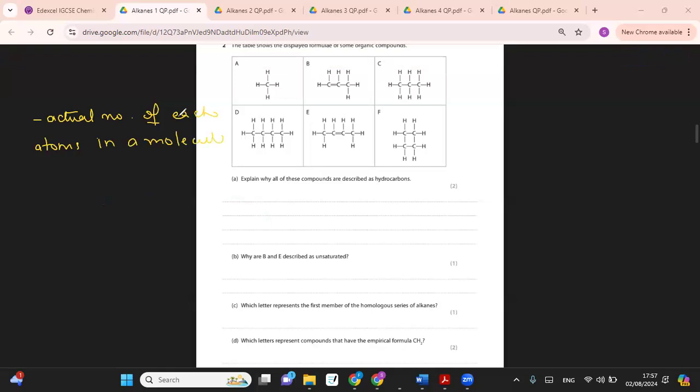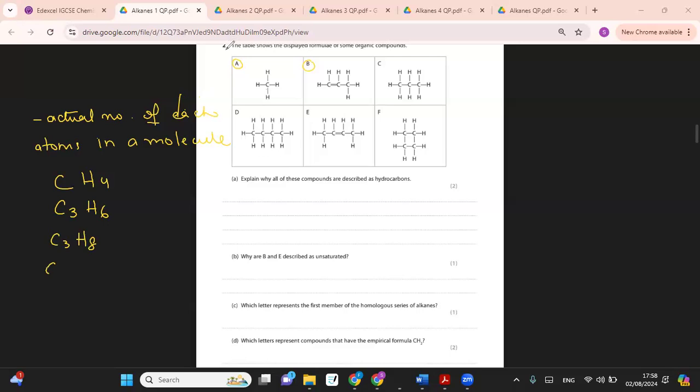So for example, let's take compound A. We have one carbon atom and four hydrogen atoms. This is a molecular formula. Look at compound B. We have three carbon atoms and six hydrogen atoms. In C, we've got three carbon but 8 hydrogen.